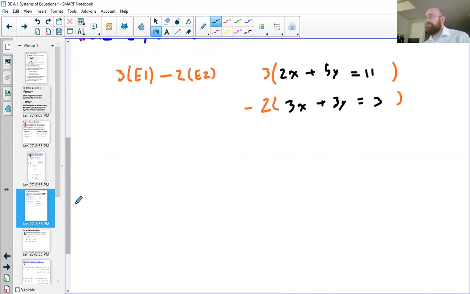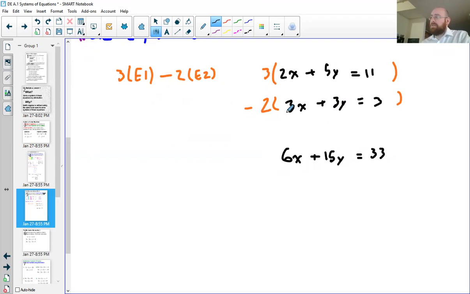Whoops, too far. Okay. And then I'm going to actually distribute. So 3 times 2x is 6x. 3 times 5y is going to be 15y. And then 3 times 11 is 33.